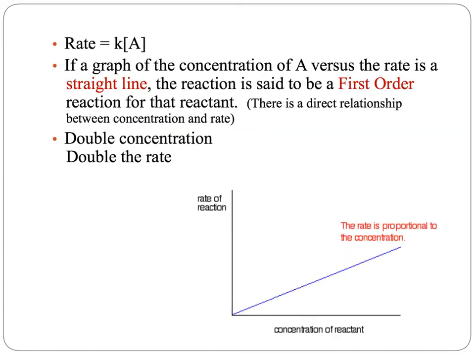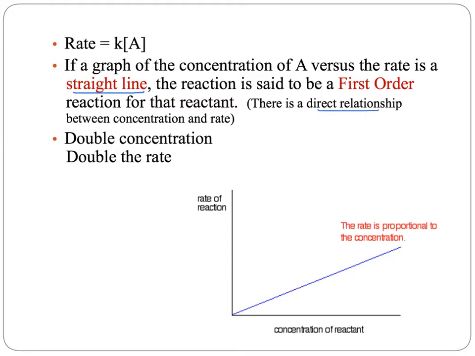So continuing on with this very simple equation example, what if when you plot the concentration of reactant A versus the rate, instead of a horizontal line, you get a straight line? This graph shows it increasing. It also perhaps could be decreasing. But in any case, you have a straight line that is showing a direct relationship between concentration and rate.